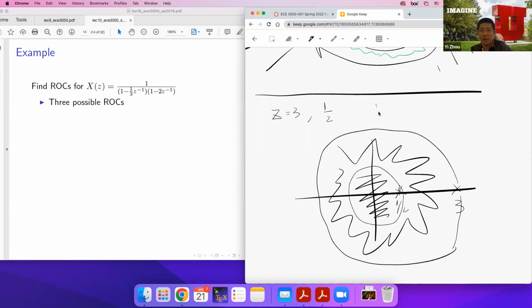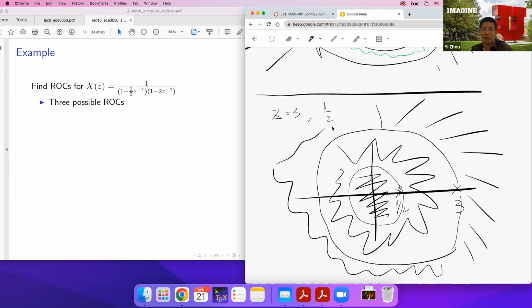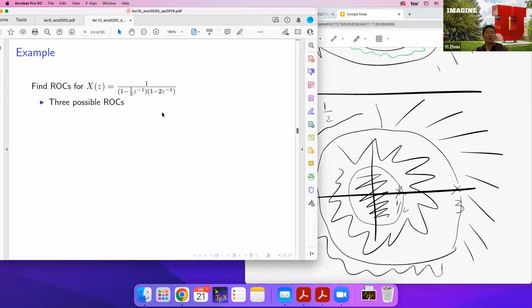The last possibility is outside the outermost circle. So there are three different possibilities. And for different ROCs, later we will see that we can find different inverse signals.